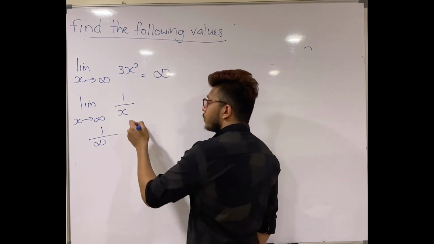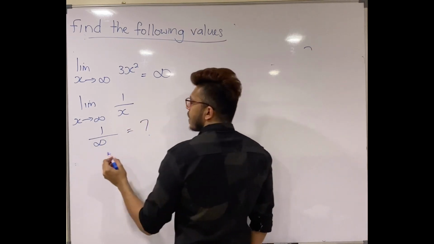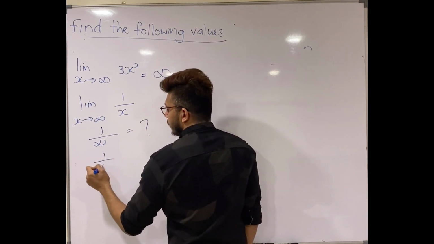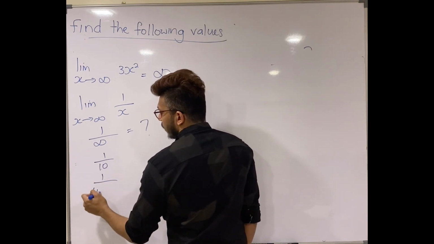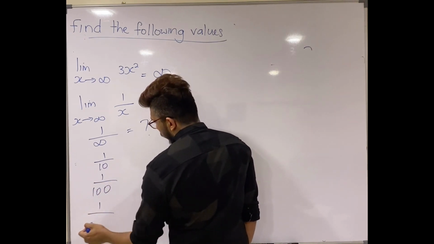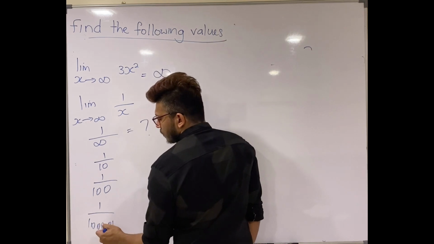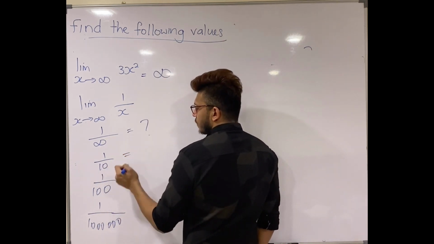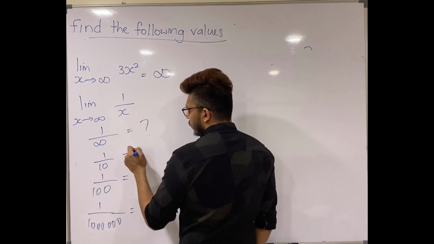Now, if I'm not sure, let's try this. If I have 1 divided by 10, then 1 divided by, say, 100, 1 divided by a million. What's happening to all this? You're going to get 0.1.